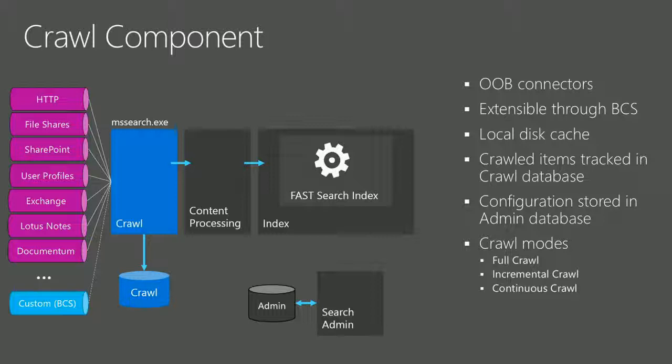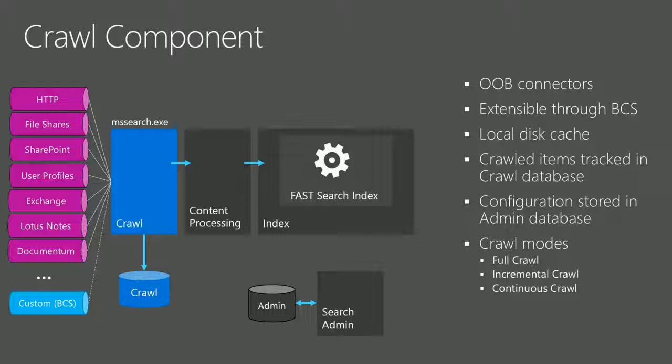One of the important things here is the crawl mode. You're probably familiar, if you've been involved in SharePoint 2007, 2010, et cetera, with full and incremental crawl. What's new in SharePoint 2013 is the continuous crawl. That gives us the ability to have our crawler always running and looking for updates, and gives us maximum freshness, at least the maximum we can get from a pull.